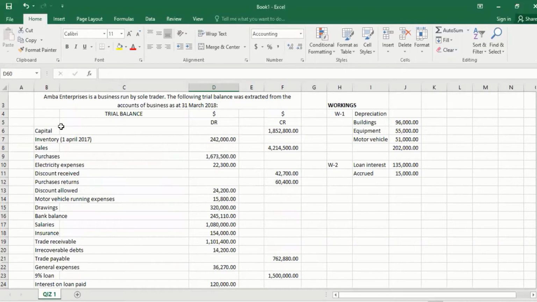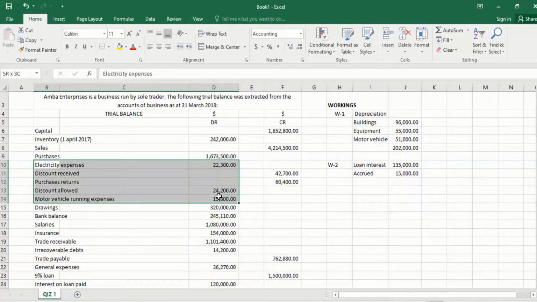Expenses are usually on the debit side of the trial balance. From the top of the trial balance, I've worked on inventory, purchases, electricity. Electricity I've not touched. I can copy all these, then I remove what I don't need. This is the beauty part of using Excel.